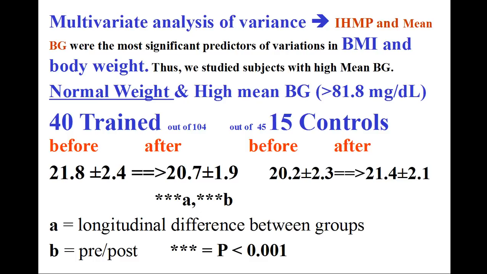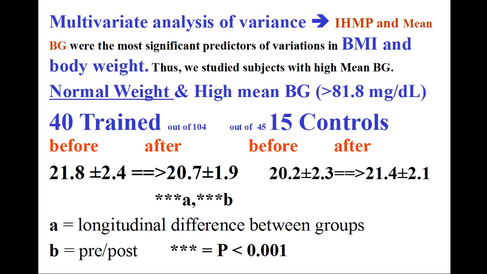Thus, we report here IHMP effects in 40 normal weight subjects, with high MBG, 81.8 mg/dl, in comparison with 15 controls.